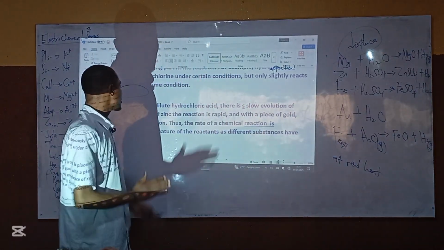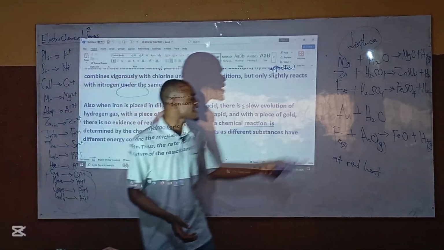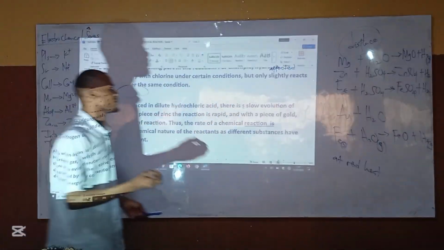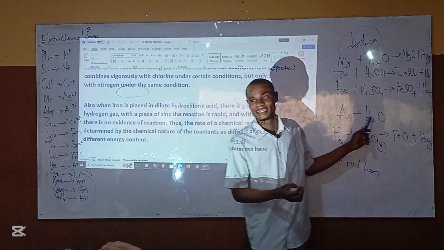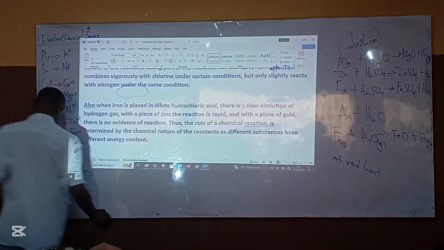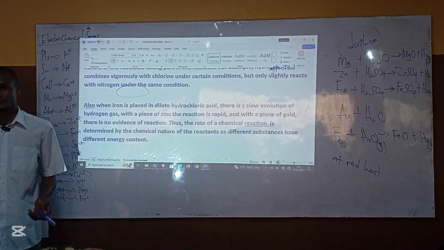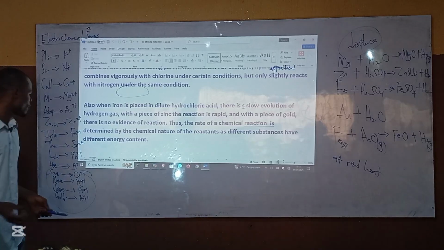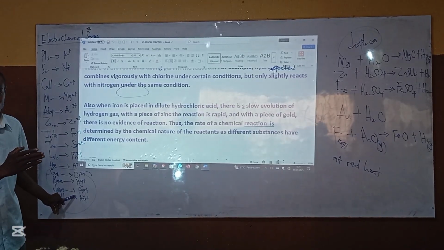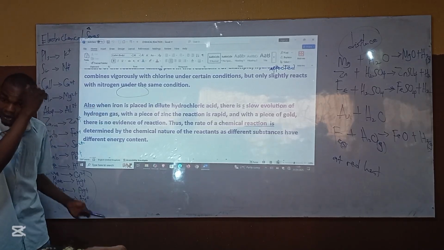So that's why water cannot spoil a real gold, not the one you are buying in small amounts. Water cannot spoil a real gold. Water cannot spoil a real silver. Because those metals do not have the power to displace hydrogen from water.